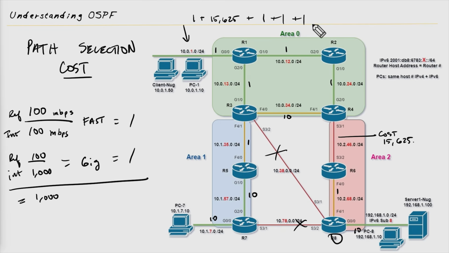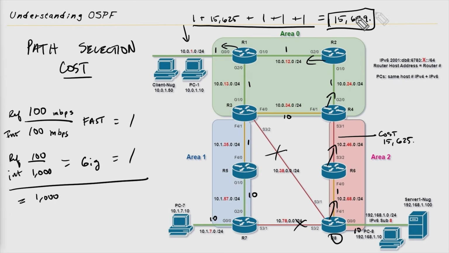So it's all the egress interfaces that we're looking at. Going out here for 1, out here for 15,625, here for 1, here for 1, and here for 1, and that's our final destination. So if all those values are correct, that would be a cost from R8's perspective to get to the 10.0.1 network using the best or optimized path. That'd be 15,629.